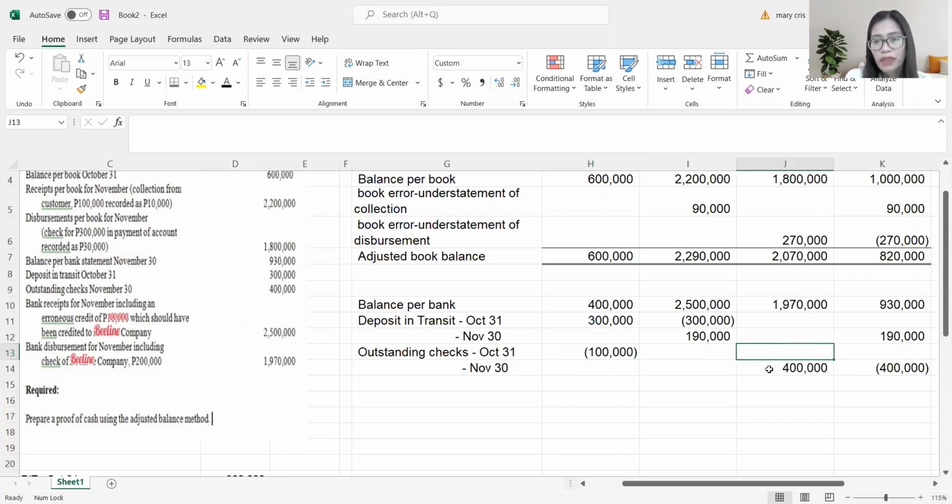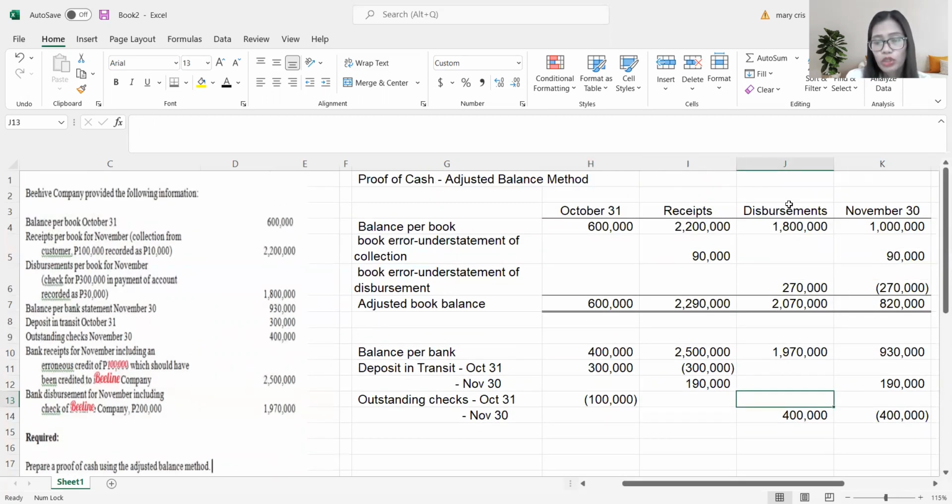So, meaning, by November, kasama na siya sa mga bank debit. So, kasama siya sa mga disbursements. So, with that, dapat itong 1,970,000 na to, dapat i-reduce natin siya, no?